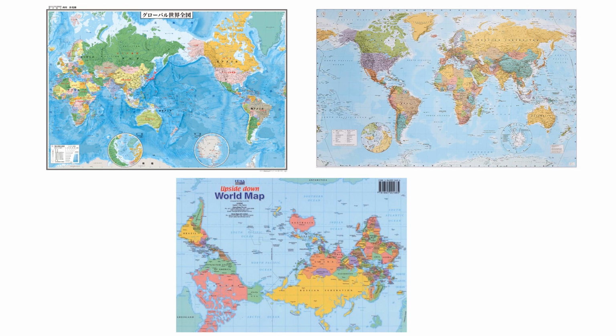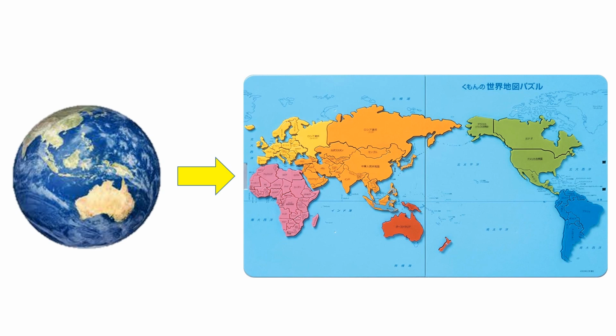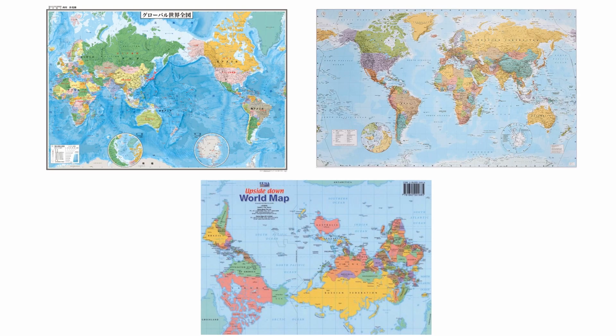That is, they are all flat, two-dimensional. But as you know, the Earth is not flat, but it is globe. So how were these maps made by changing 3 dimensions to 2 dimensions? Are these maps really accurate?